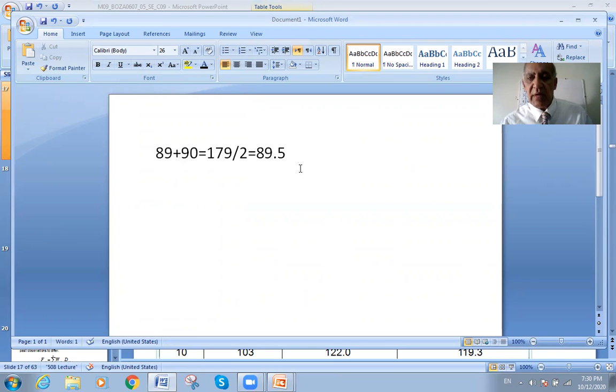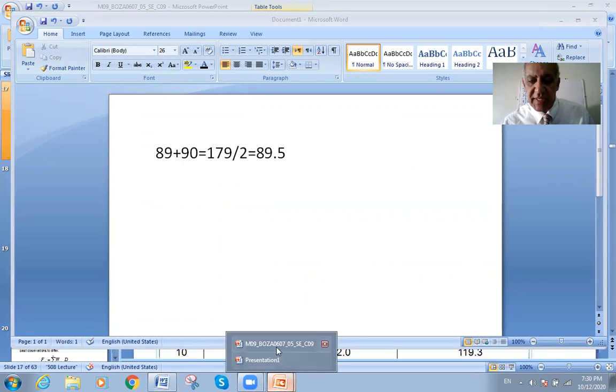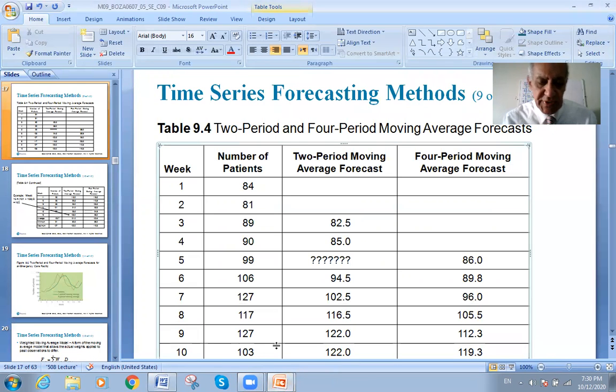Now we'll see together the 89 and a half. Was it like this? I will return it back the way it was. Yes, it is 89 and a half. And so on till the end of the two periods moving average forecast. You will take the previous two periods before the one parallel to what you want. As an example, this is unknown now.